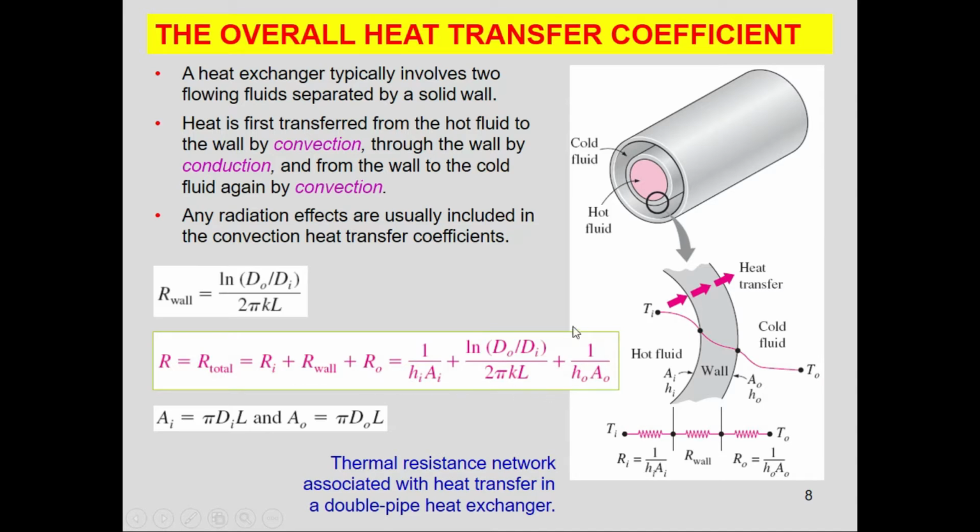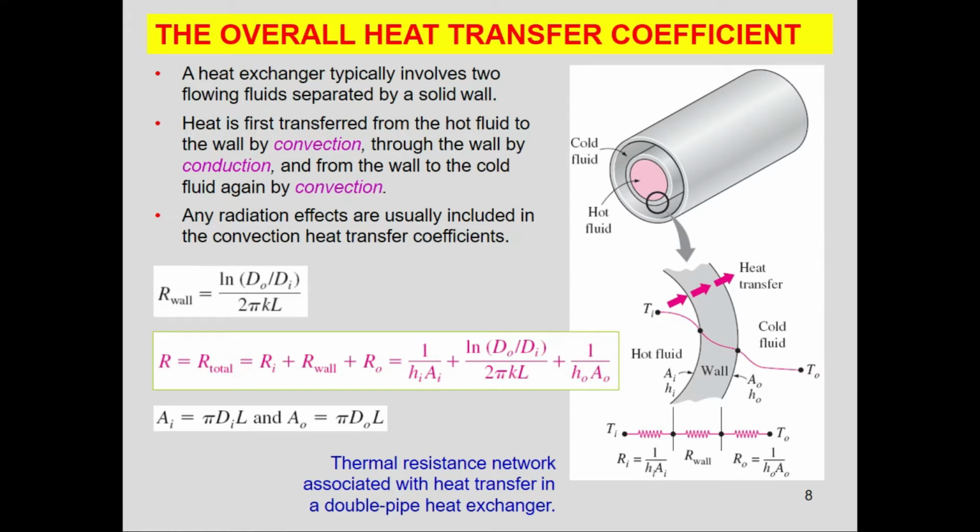So adding all the resistances, we will have the overall resistance. The inner area of the tube is simply determined by this formula, and the outer area of the tube is simply represented by this formula. Here i and o represent the inner side and the outer side.